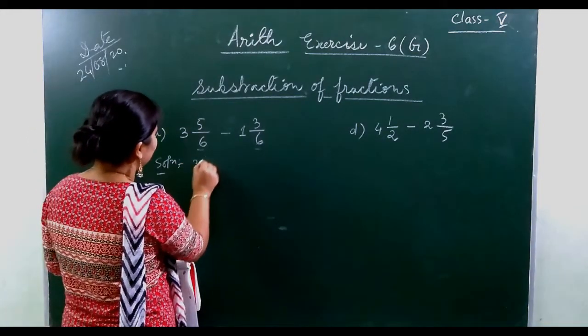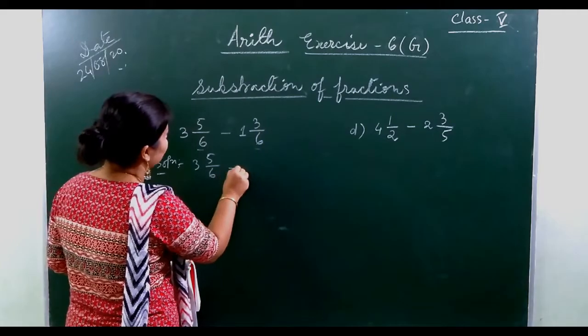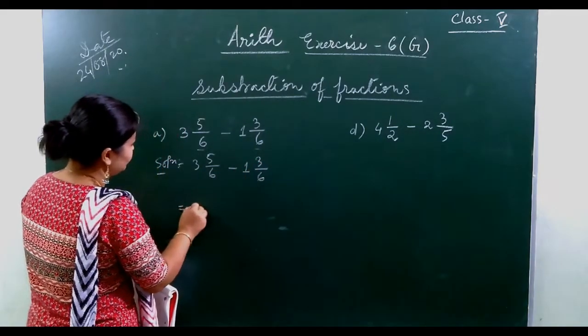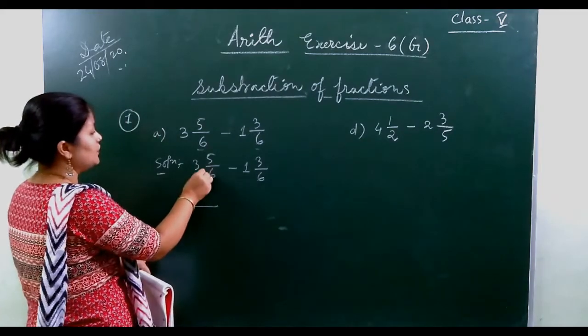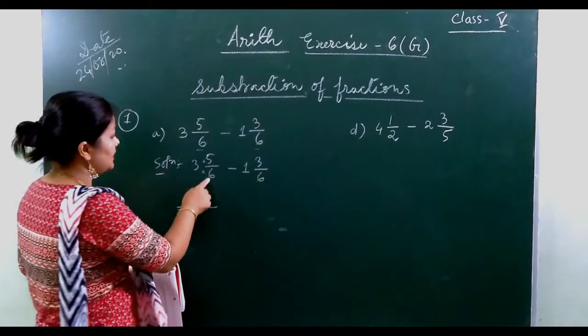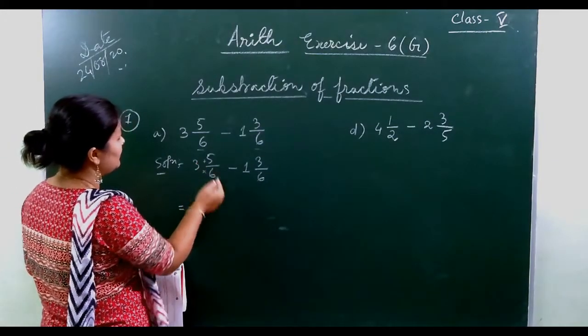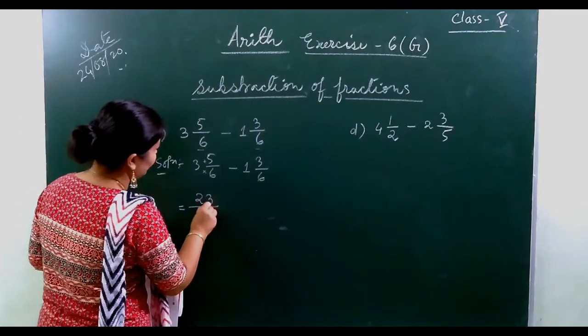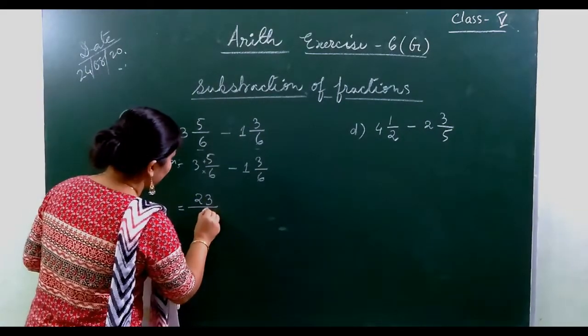So here you can see 3 5 by 6 minus 1 3 by 6. We will change it now. We multiply this 6 and add this 5. 3 6 times 18, 18 plus 5, 23. So 23 by 6.